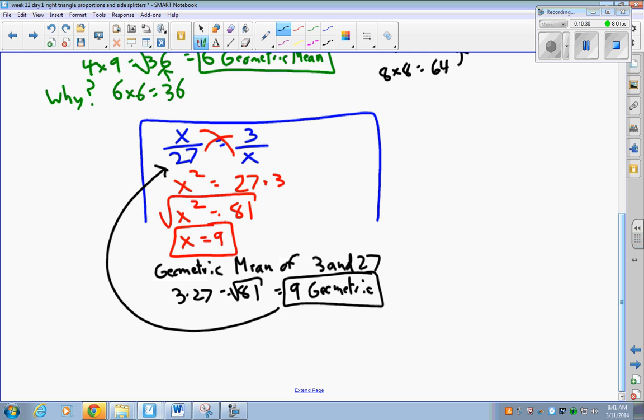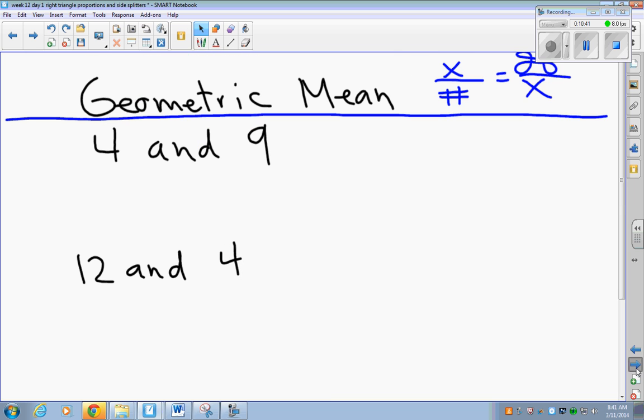When I come back tomorrow, I can talk a little bit more about the application of the geometric mean, but I just want today you to see the relationship and how to solve it for some of your homework problems. Okay? So the key, again, geometric mean, is you're going to have x over a number equals some number over x, and you can solve.